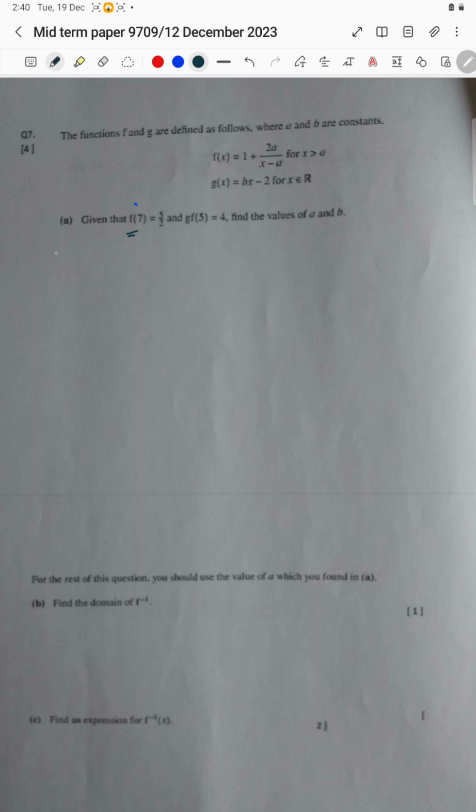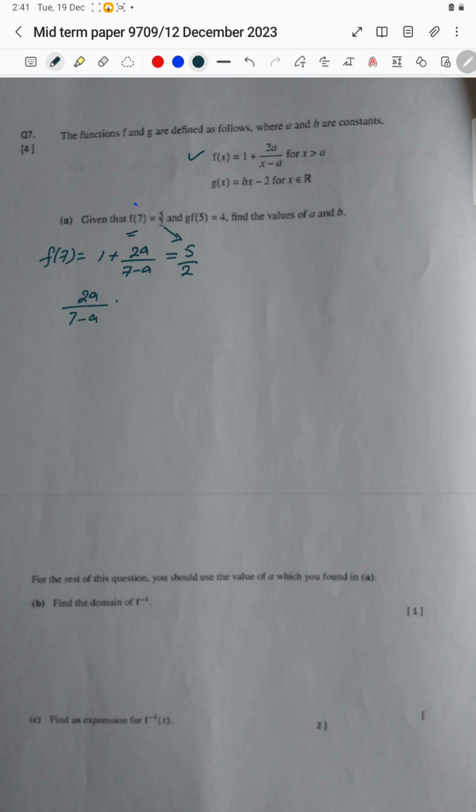Okay, from the first part, f of 7. In the function f, we will substitute x with 7: 1 plus 2a over 7 minus a, and that gives us 5 by 2. Take some basic operations in mathematics.